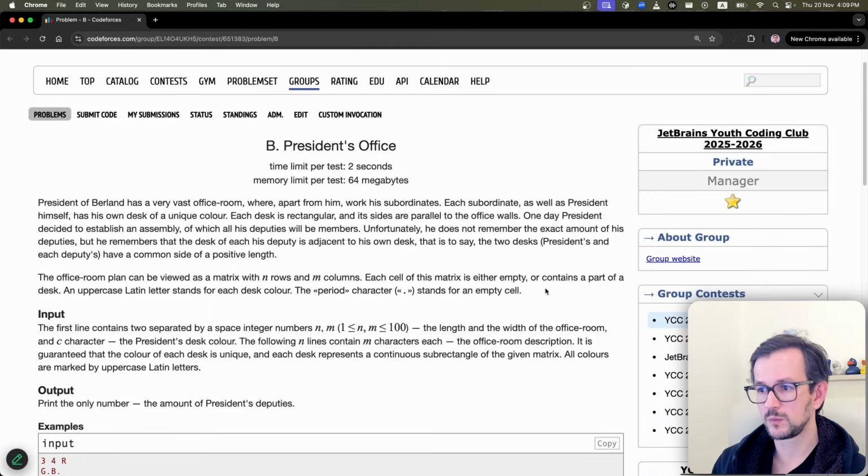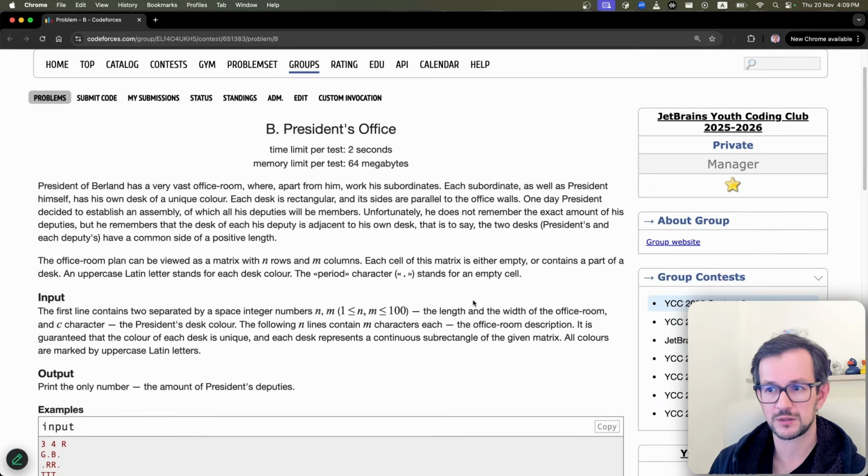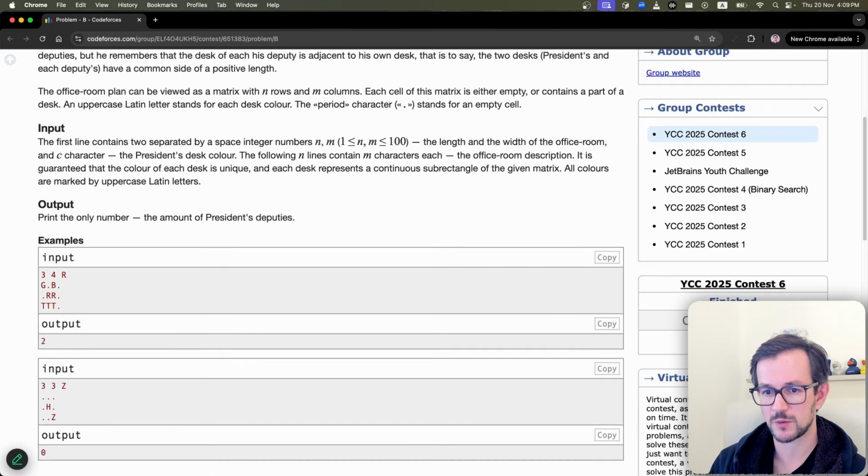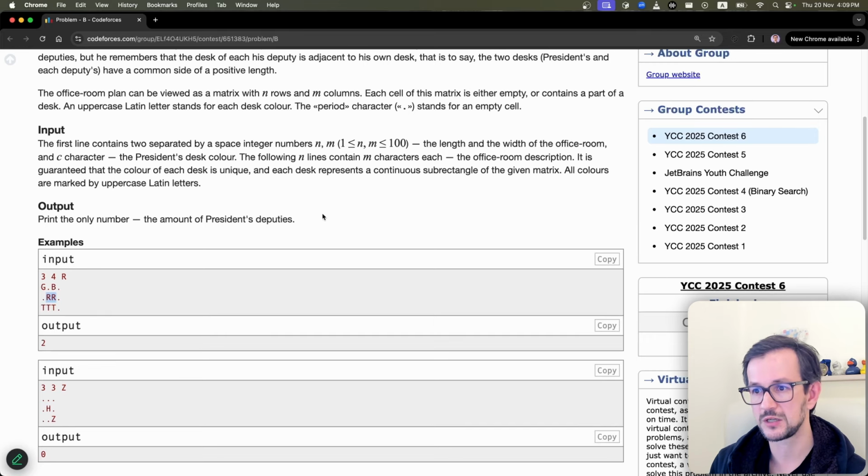The second problem is a little bit more interesting, but still pretty straightforward. We have a picture made of characters. Each character represents some color, and in this picture the colors form rectangles. It's guaranteed that each color represents a rectangle, and we need to count how many rectangles have a common border with the given rectangle.